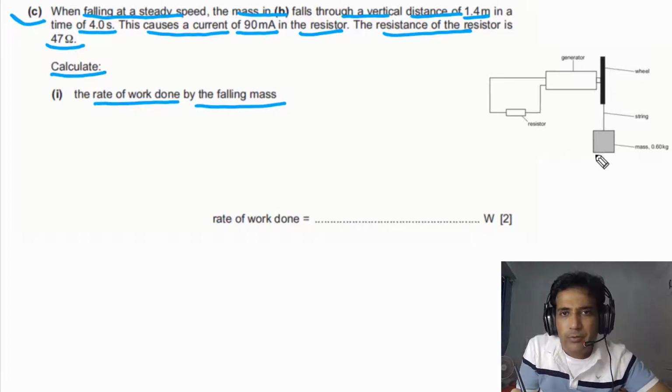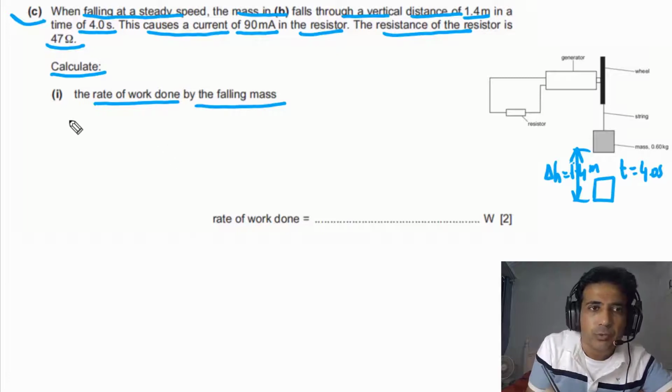Now, if you look at this question, it is given that the mass has fallen through a distance of 1.4 meters. So we can write down delta h is equal to 1.4 meters, and the time taken is 4.0 seconds.